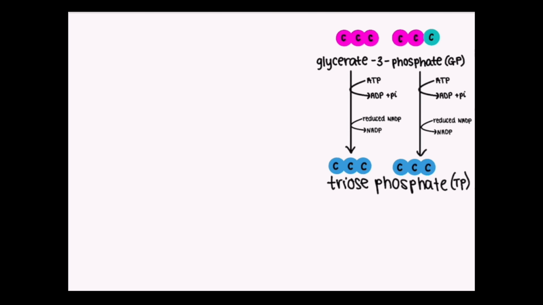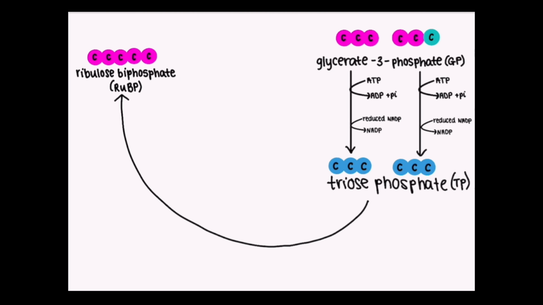It's worth remembering that this is a cycle, so we must retain 5 of those carbons from the 2 triose phosphate molecules in order to regenerate RuBP. So for each turn of the cycle, we can only afford to extract 1 carbon to produce organic molecules, organic substances such as glucose. So one of those carbon atoms from all 6 of the 2 triose phosphate molecules is removed at this point from the cycle and is used to build large organic molecules such as glucose, whilst the remaining 5 carbon atoms will return to the start of the cycle.